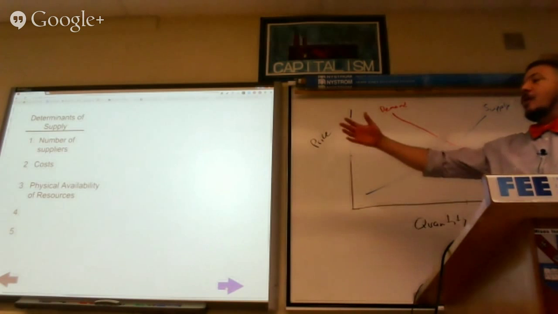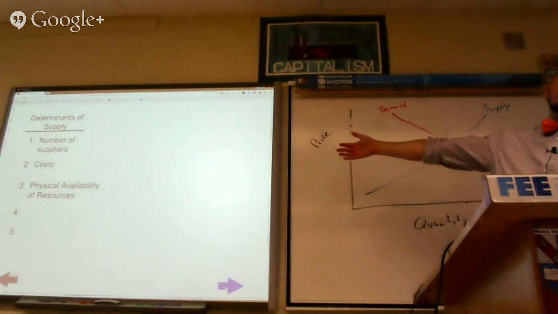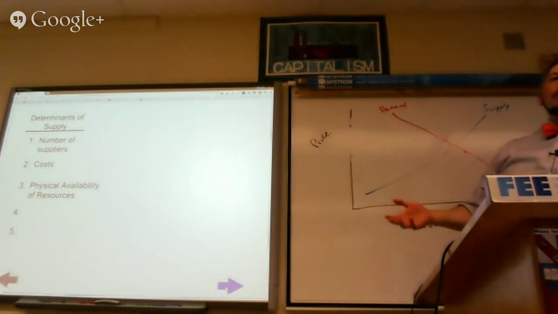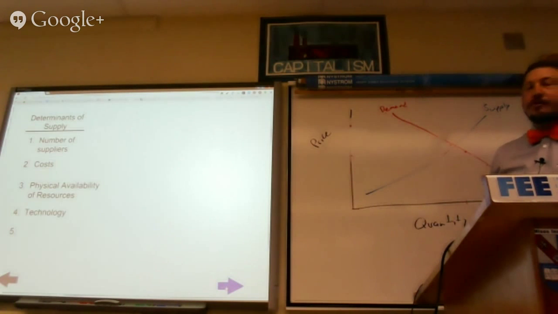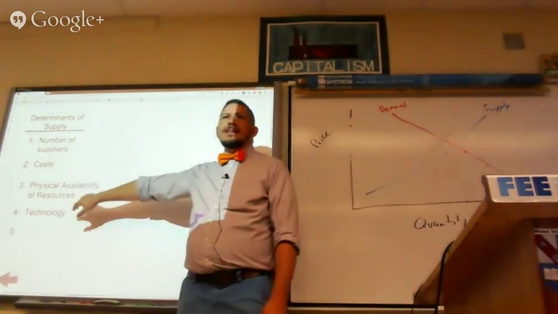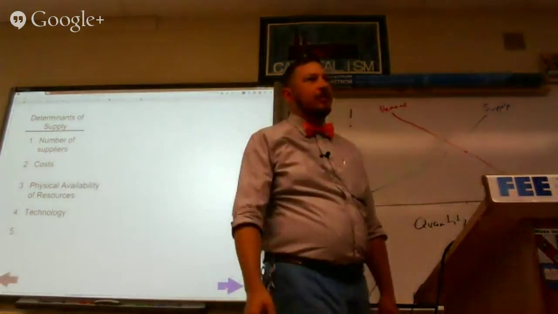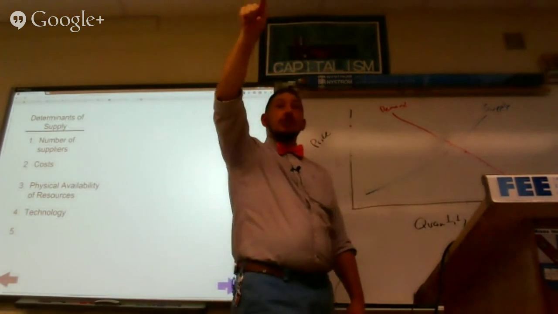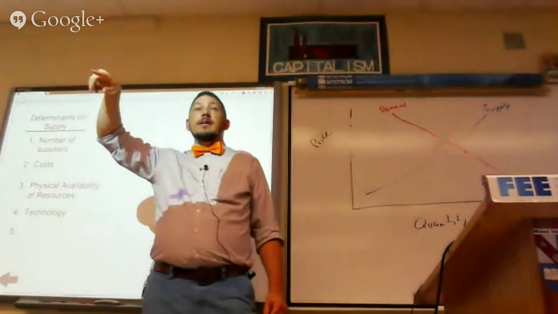Okay, so how much of the input is available is going to change how willing producers are to supply that good at various price points. What about technology? How does technology change supply? Manufacturing processes, right?